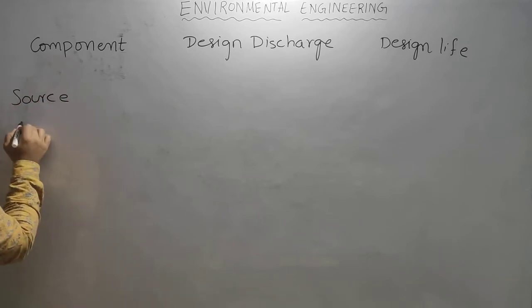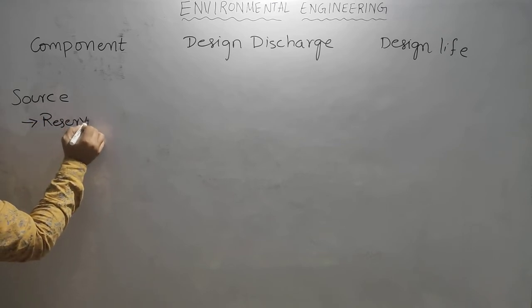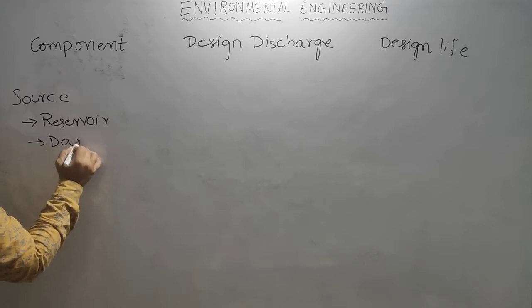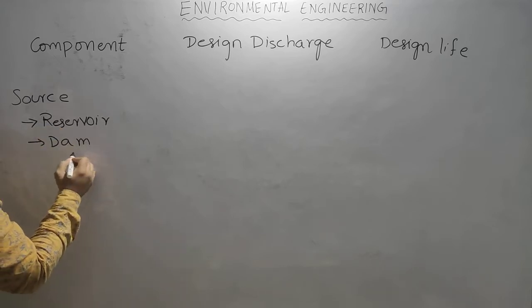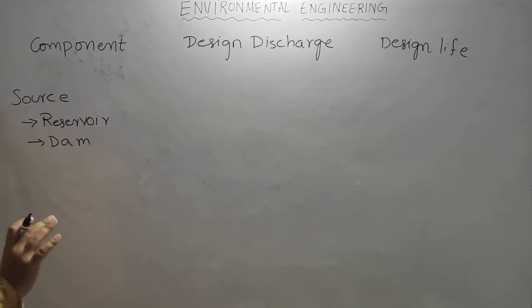Source means it may be a reservoir, or it may be a dam, or a barrage or a weir or a diversion structure, whatever it may be, it is on the source.